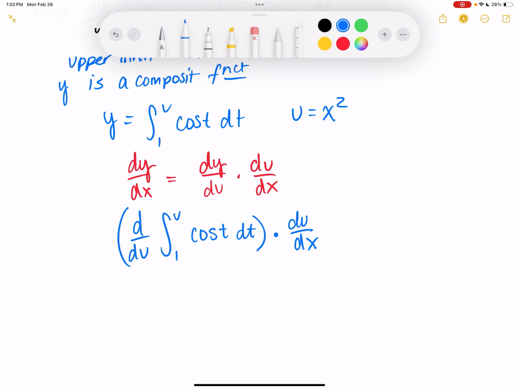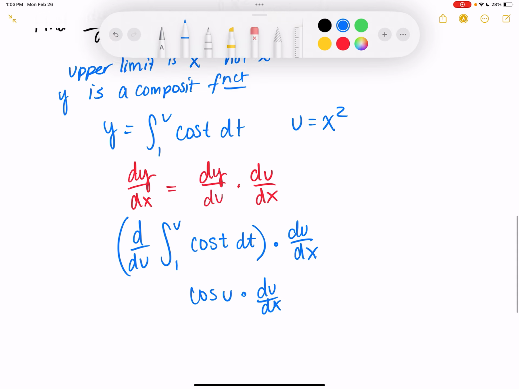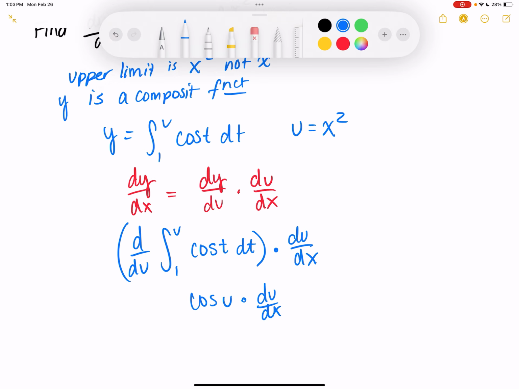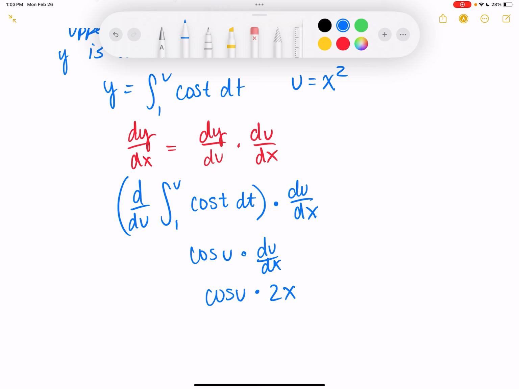So this is going to be the cosine of u times du dx. What is the derivative of u with respect to x? 2x. So cosine of u times 2x, just to make it look a little nicer. And we also need to replace u back, so it'll be 2x cosine of x squared. So this is getting plugged back in here for you.